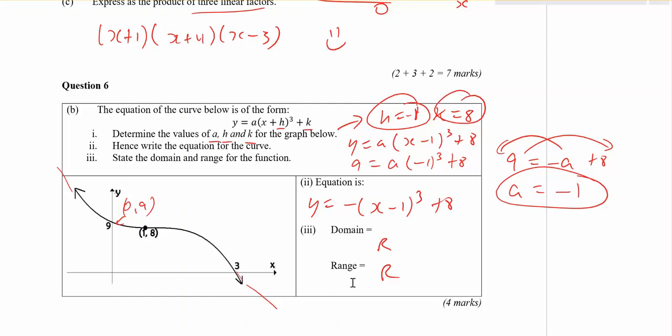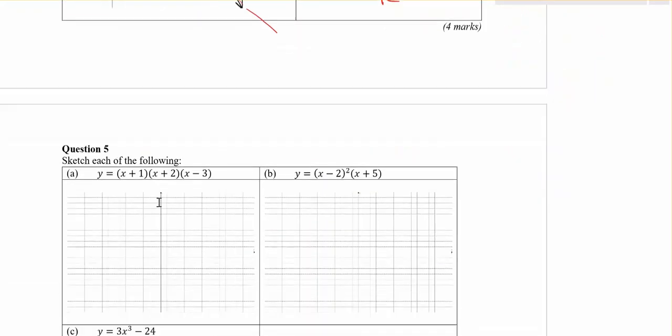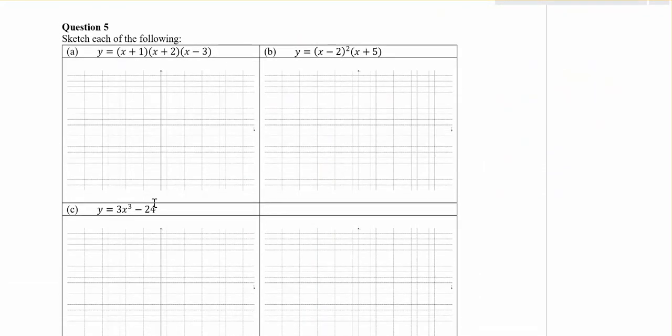Question 5. These are pretty easy. Cut, cut, cut, because they've got factors, and this is a mountain valley shape, because it's a positive cubic. So let's draw this. I'm going to cut at -1, and 2, and -3.